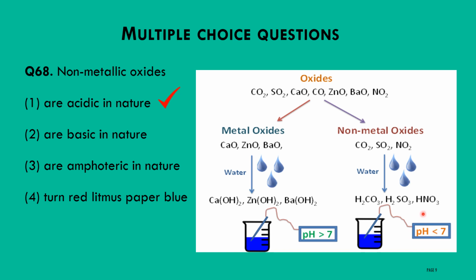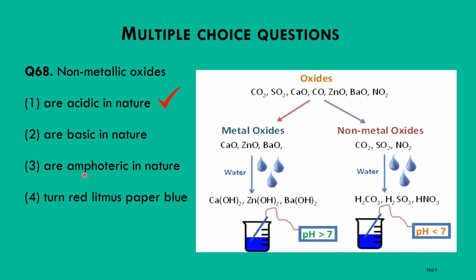Therefore, they are acidic in nature. Here two things you have to remember. Metal oxides, when they react with water, will be basic in nature. Non-metal oxides, when they react with water, will be acidic in nature. Therefore, in the question, non-metallic oxides are acidic in nature. These two points you have to remember.